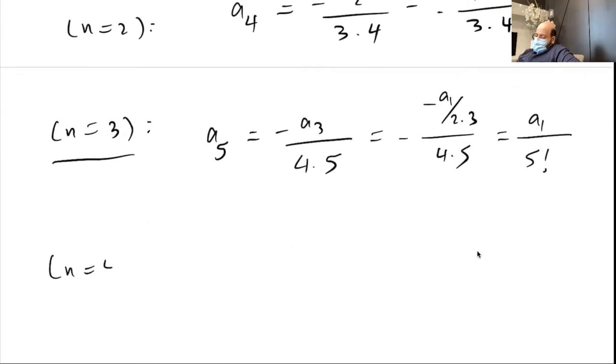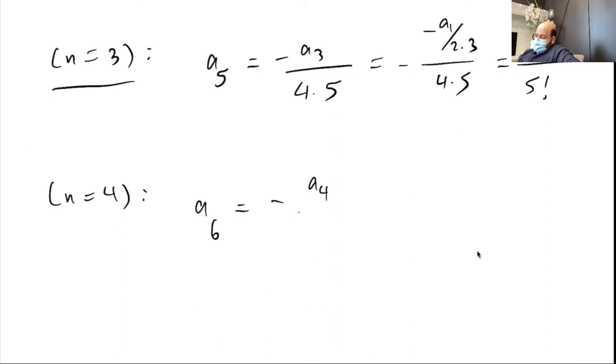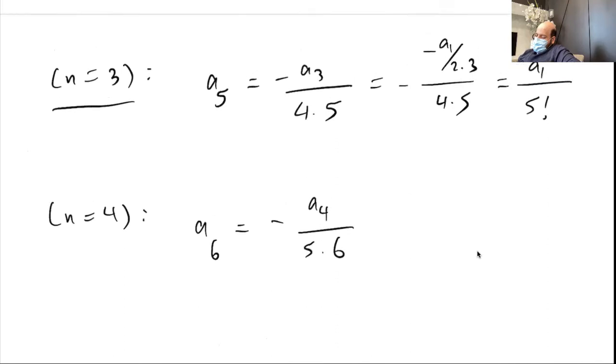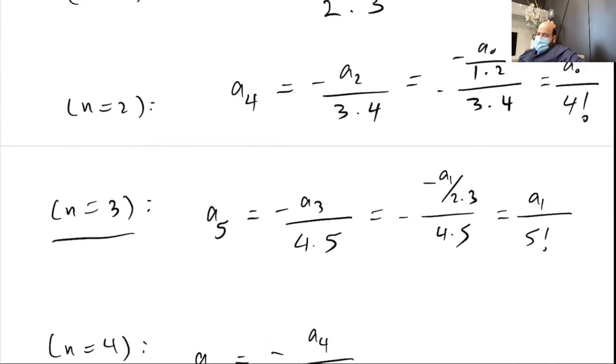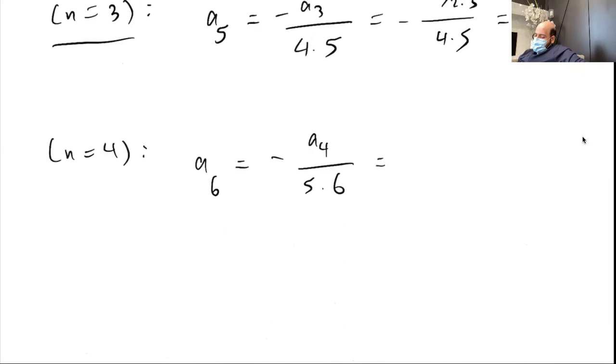Now if I replace n with 4, a6 will be minus a4 divided by 5 times 6. But a4, I had it here as a0 over 4 factorial. So then I'll get minus a0 over 4 factorial divided by 5 times 6.